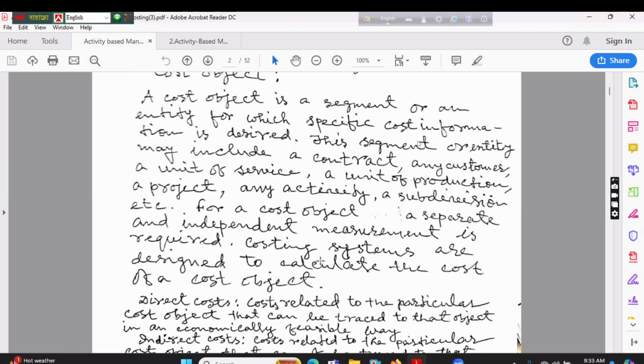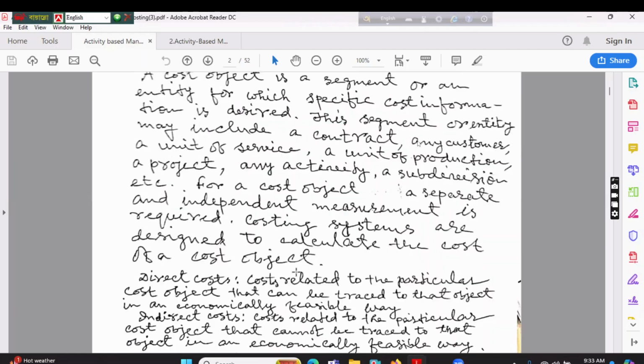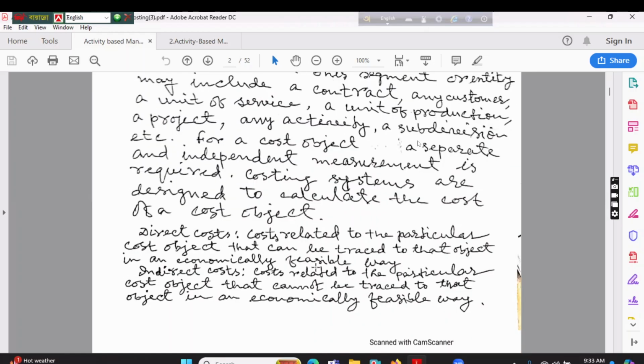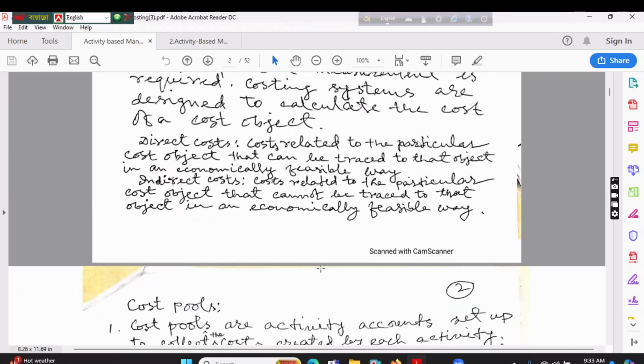Cost may be direct or indirect. Direct cost is cost related to the particular cost object that can be traced to that object in an economically feasible way. Indirect cost is cost related to the particular cost object that cannot be traced to that object in an economically feasible way.